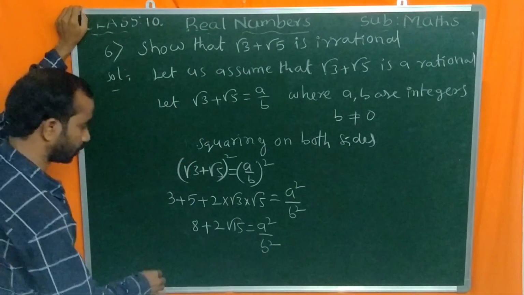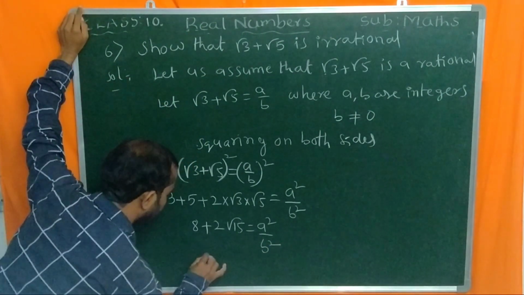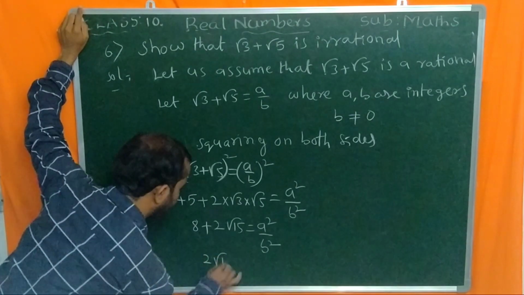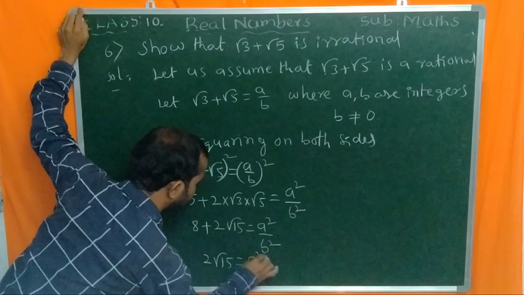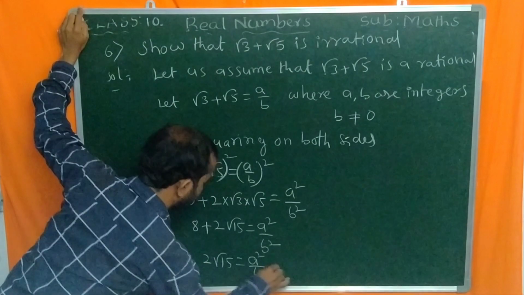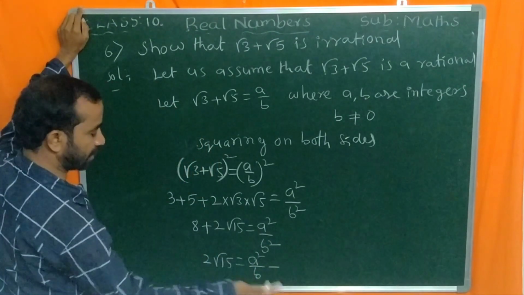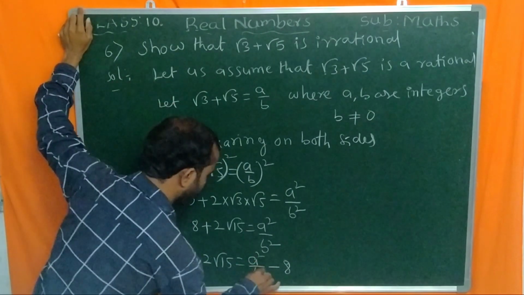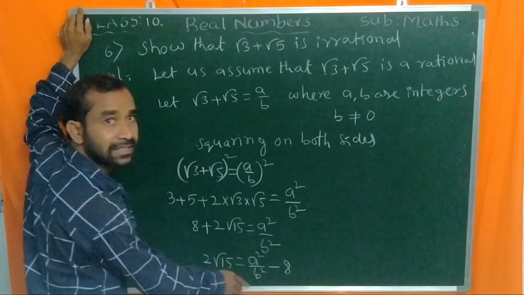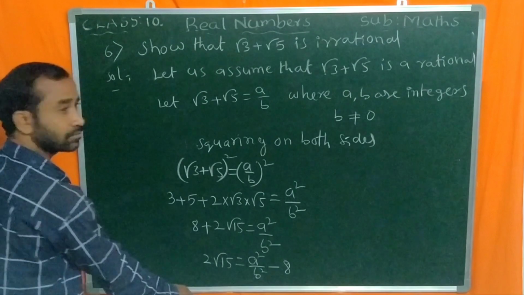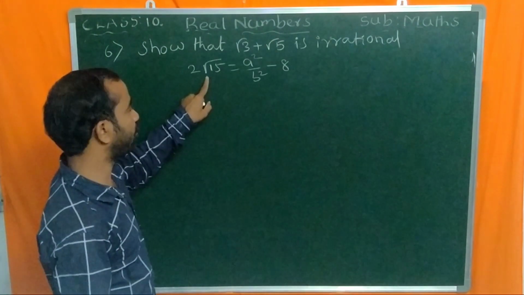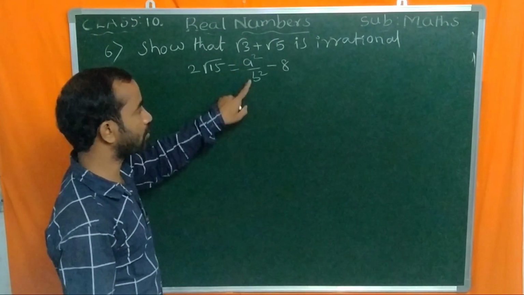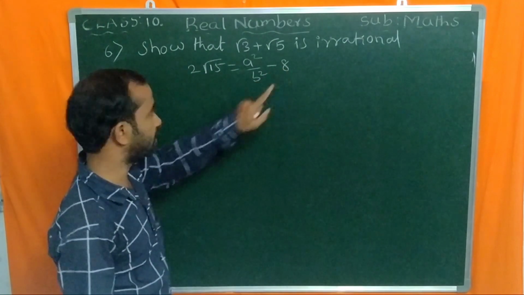So 2 root 15 equals a square by b square minus 8, transposing 8 to the right side. Okay, 2 root 15 equals a square by b square minus 8.